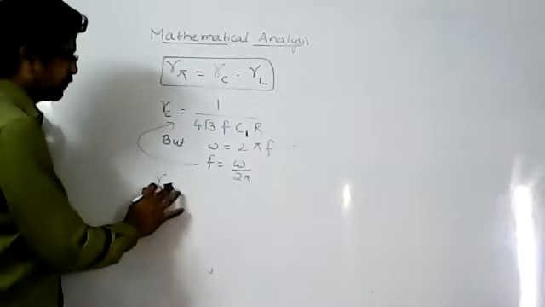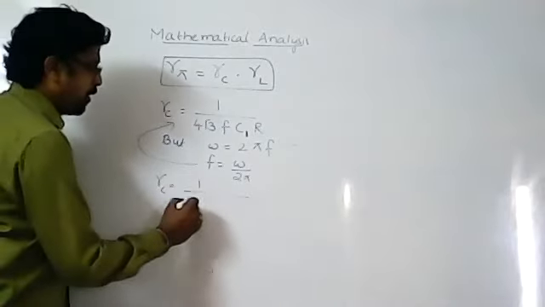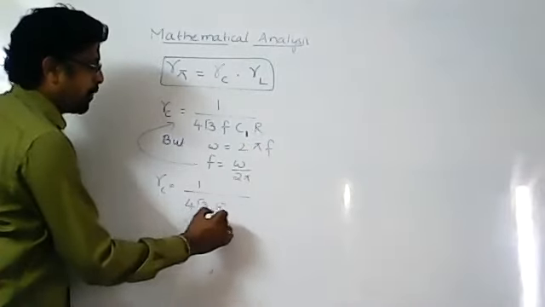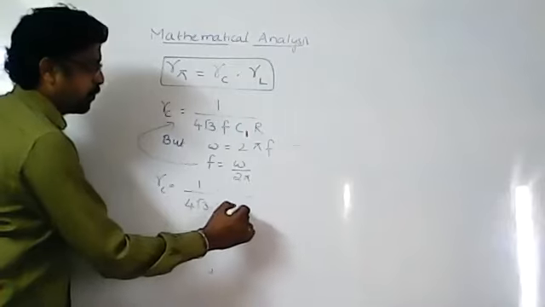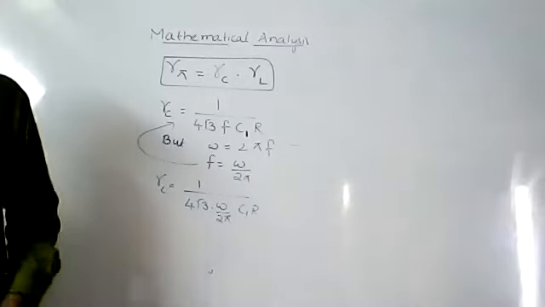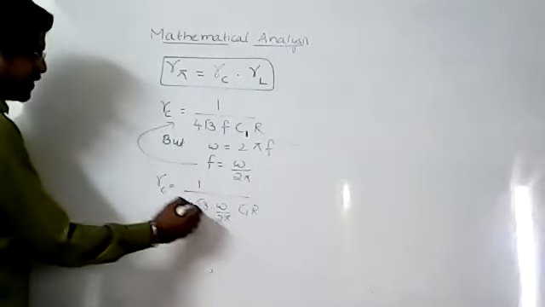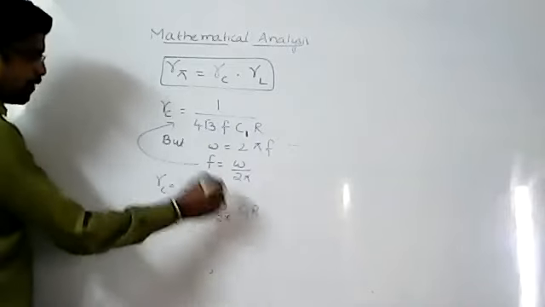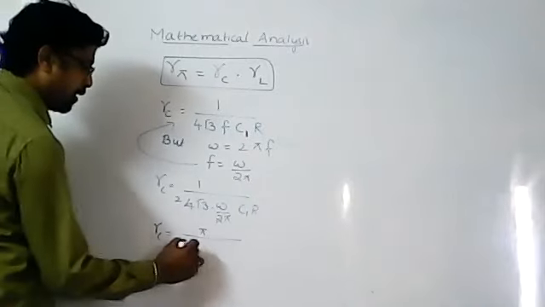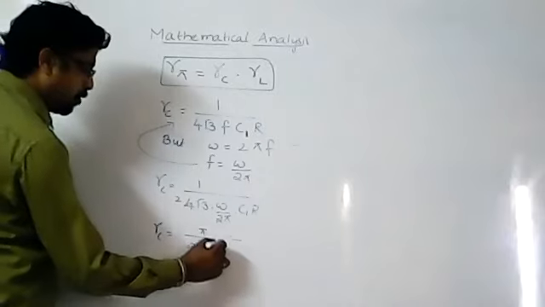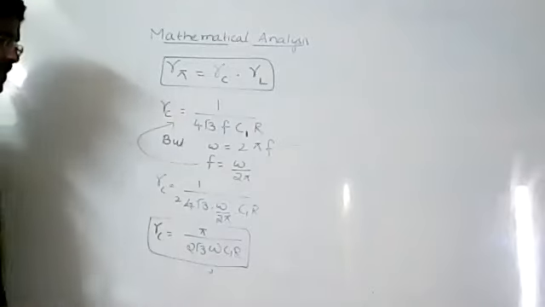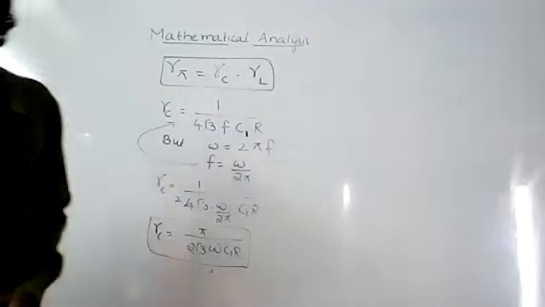RC is equal to 1 by 4 root 3, and in the place of F, substitute omega by 2 pi, into C1R. Now cancel 2 and 4; this pi will go to the numerator. So RC is equal to pi by 2 root 3 omega C1R. Next.